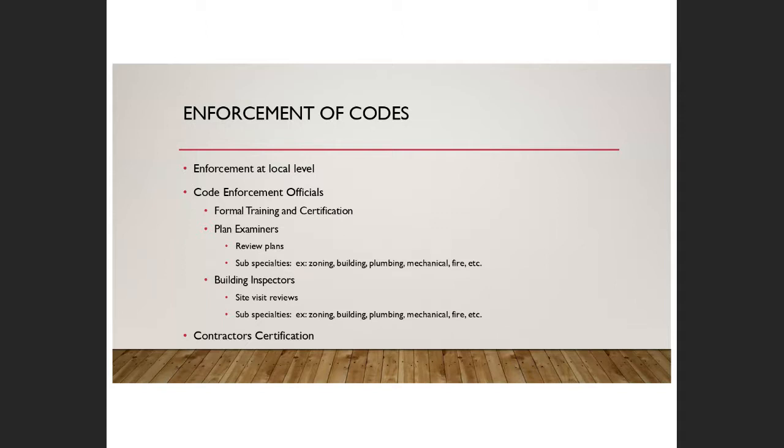And the other piece of enforcement would be certification of contractors. In most jurisdictions, you as a contractor will need to have a license to do business in that particular village.